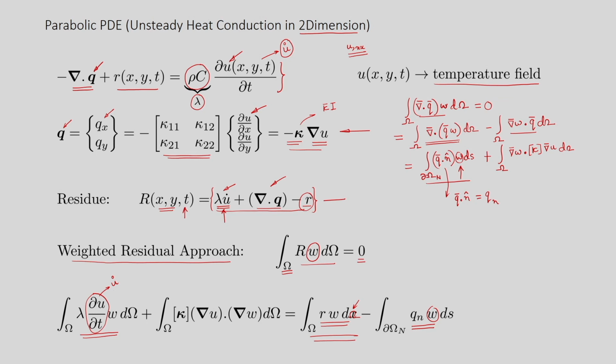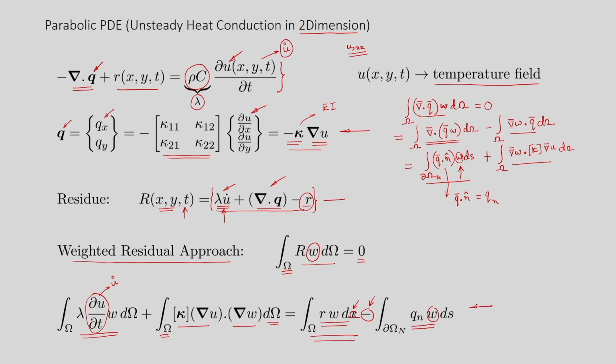Since it is taken in the right hand side, there is a minus sign here. Now, this term kappa gradient of u dot del w has been written here as it is, because a dot b equal to b dot a. So, that is what has been written in the left hand side integrated over the whole domain.